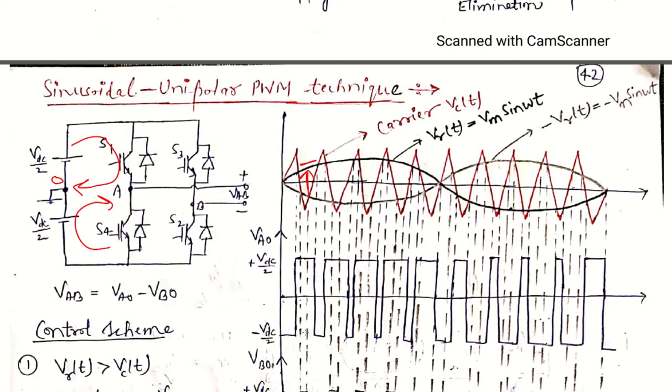So in this case, the output voltage obtained is minus VDC by 2 for VA0. So minus VDC by 2 up to here, and the second comparison, Vr greater than Vc, gives plus VDC by 2, and this comes again and repeats. This is the pi point, and this is the 2 pi point.